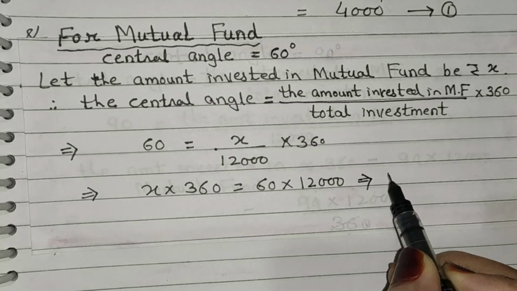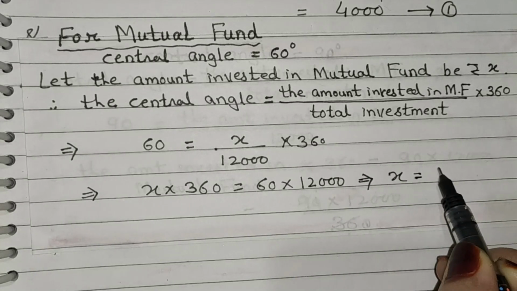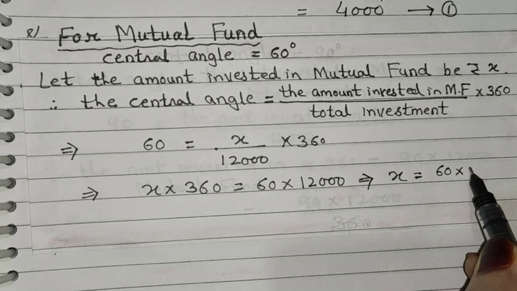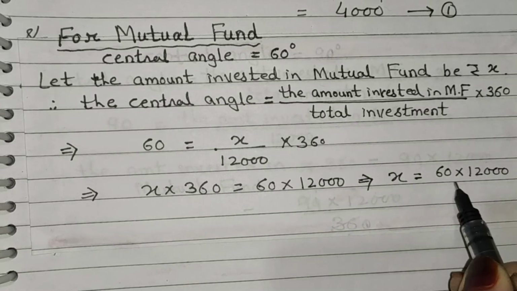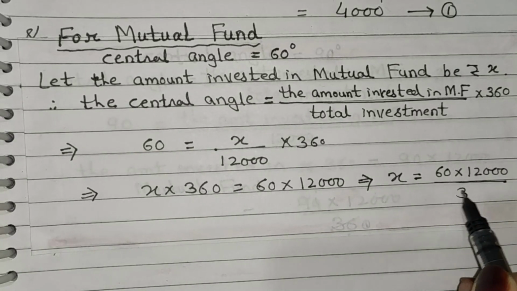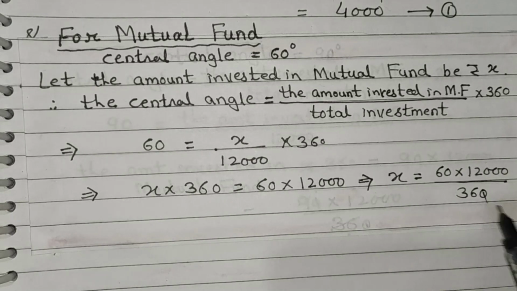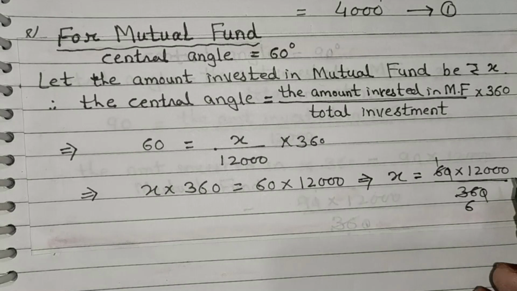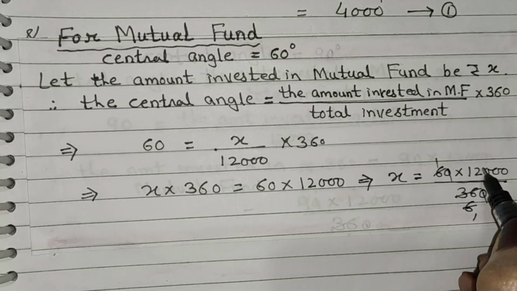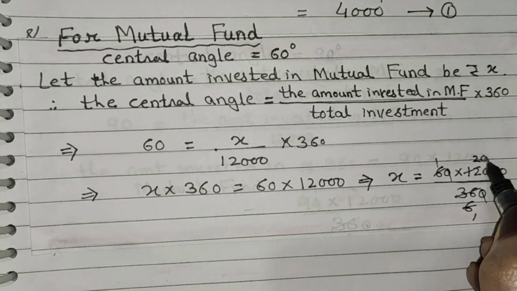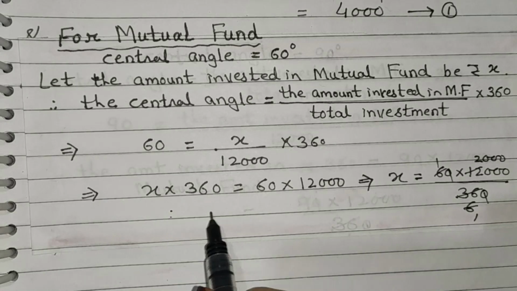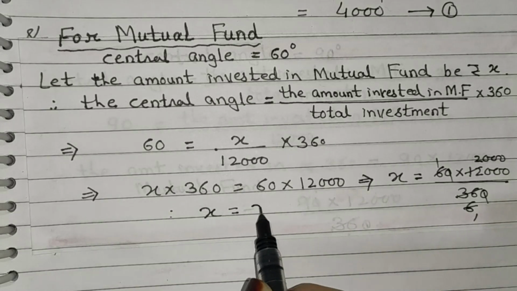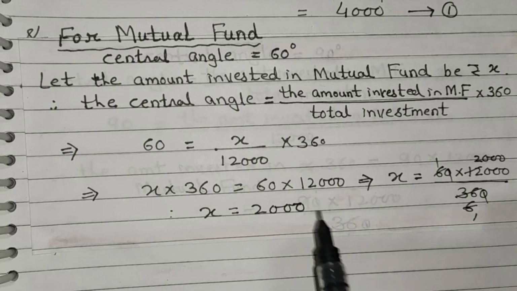Therefore, the value of X is equal to 60 into 12,000 divided by 360. Now 0 0 cancel, 6 1s are 6, 6 6s are 36. Now 6 1s are 6, 6 2s are 12, and 3 0. Therefore, the value of X is equal to 2000.